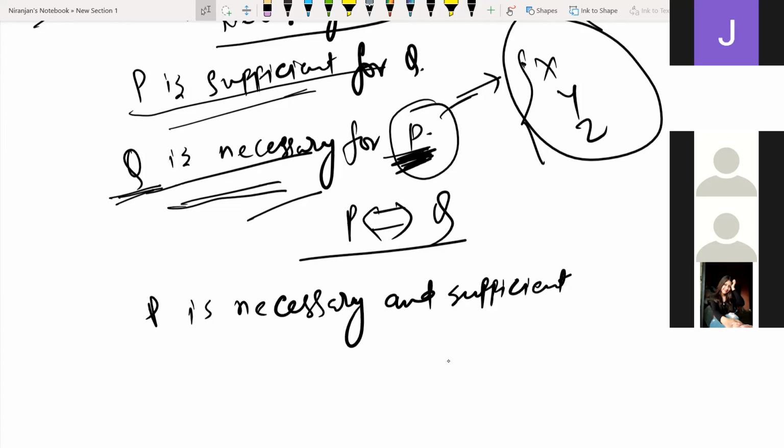Can you hear now? Yeah, I can hear you. So I think Q has to happen in order to make a judgment about P. Yeah, right. Is that what it's saying? Yes, you're thinking the correct way. That's very good.